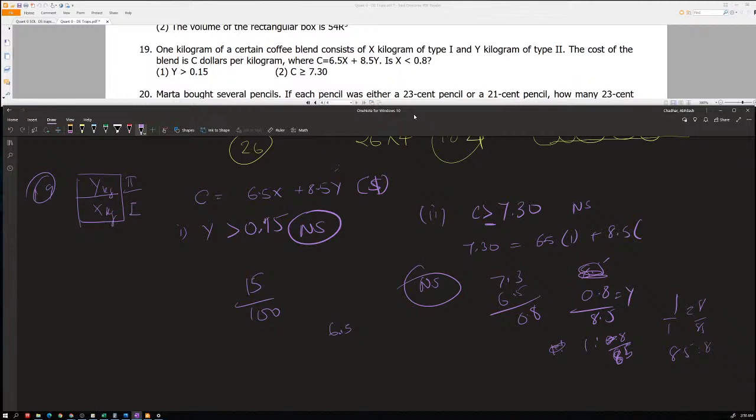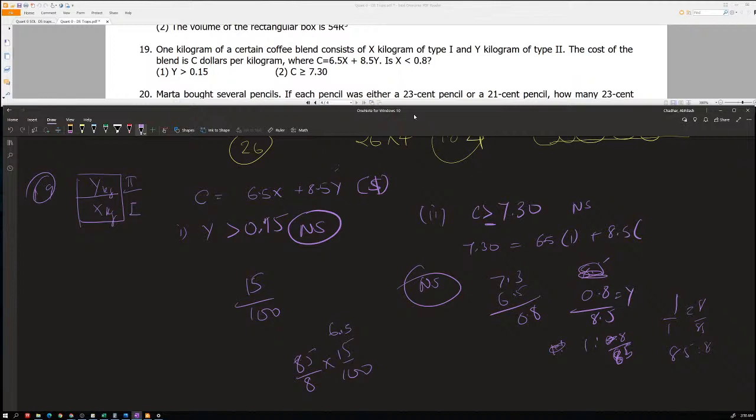So if this is y, then x would be 85 by 8 into 15 by 100.